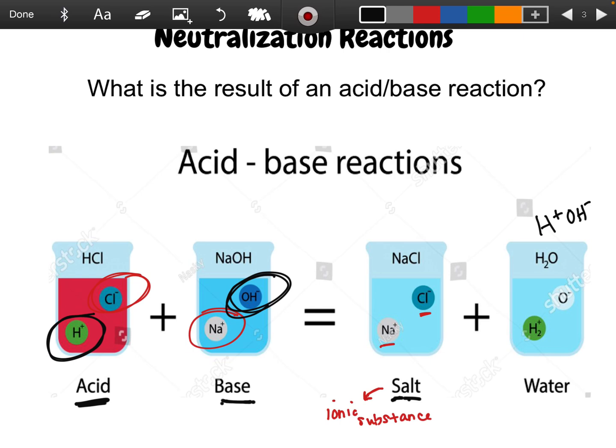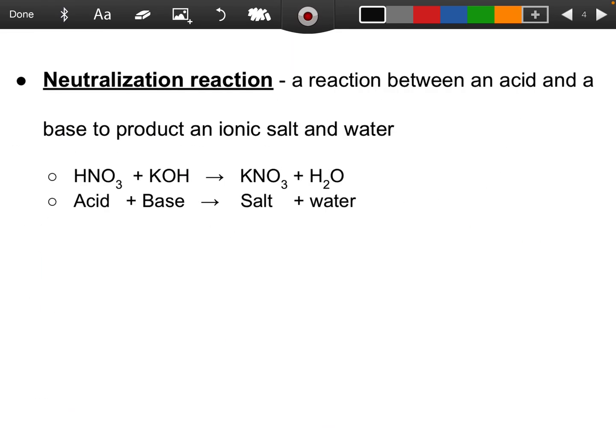Anytime you have a neutralization reaction, you are going to end up with salt, which is any ionic substance, so an ionic salt, and water. The definition of a neutralization reaction is a reaction between an acid and a base to produce an ionic salt and water.